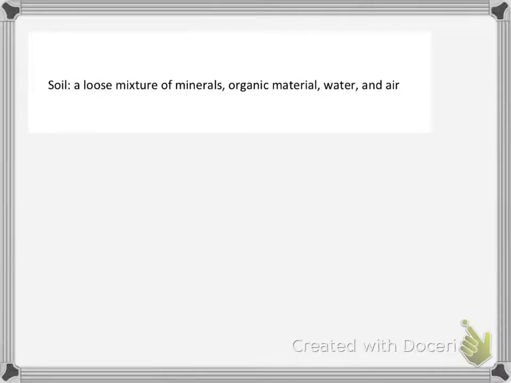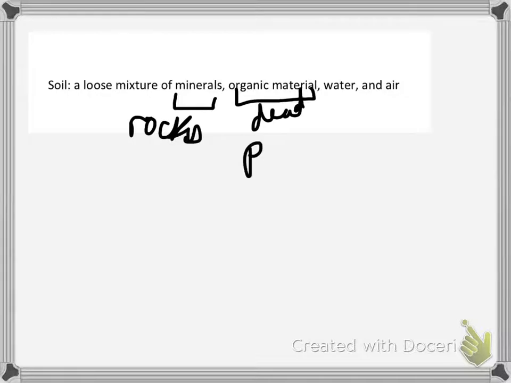So you've got minerals from rocks, so think rocks, organic material, think dead plants or decomposing plants or animals, and then water and air. So rocks break down into soil, and the rocks that break down into soil are called parent rocks.